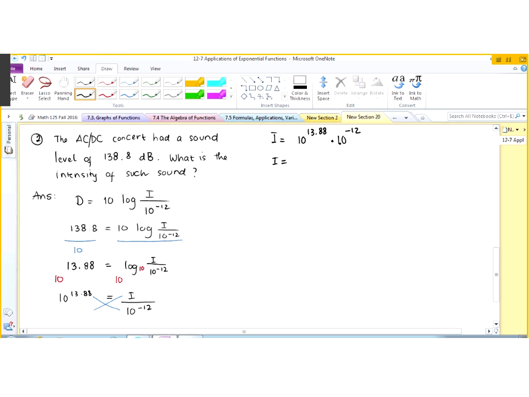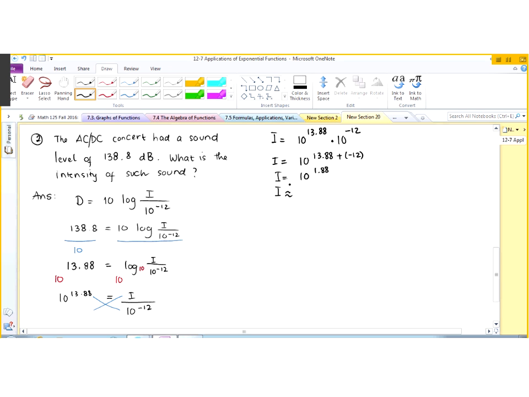What is 10 raised to the 13.88 multiplied by 10 to the negative 12? What do you do to their exponents? They have the same base. You add them, right? So add negative 12, or subtract 12. So this is 10 to the 1.88.